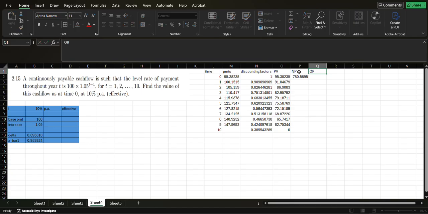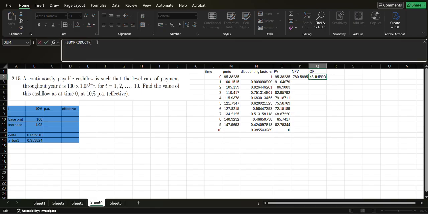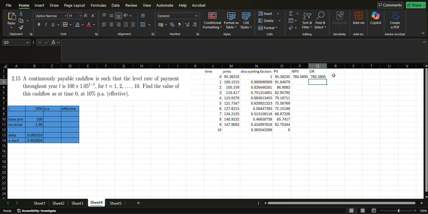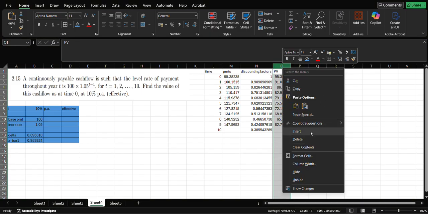Or alternatively, we can use sumproduct. Forgot my equals. So when you type in a formula, you always want to put that equal sign first. And the first array is the payment, the second array is the discounting factors, and we get the same answer just as a sanity check.